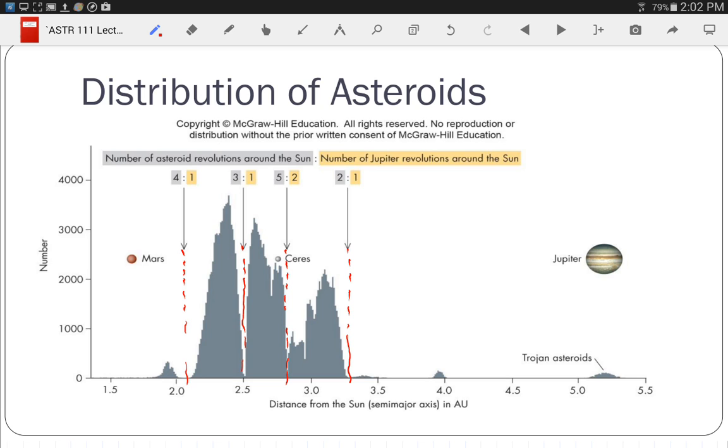So there's clearly something that is saying we can't have asteroids hanging out in these small integer ratios to the period of Jupiter. And the reason for that, I'm not going to ask you to reason it through. I'll tell you the reason. Every time Jupiter comes around, it's going to pull it toward Jupiter. And so it's like you're in a swing.